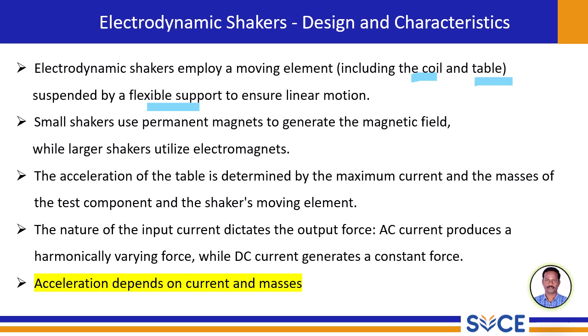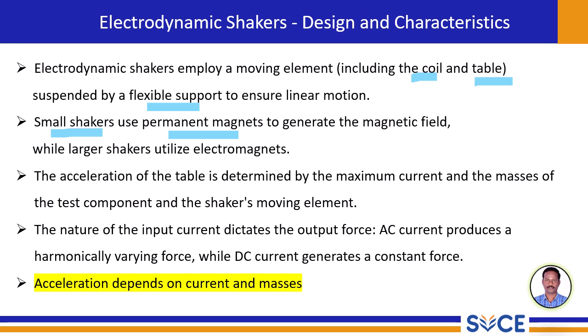direction of testing. The source of the magnetic field within this shaker can vary depending on the size and intended application. For small shakers, we utilize permanent magnets to generate the necessary magnetic field. These are compact and reliable for lower force requirements.